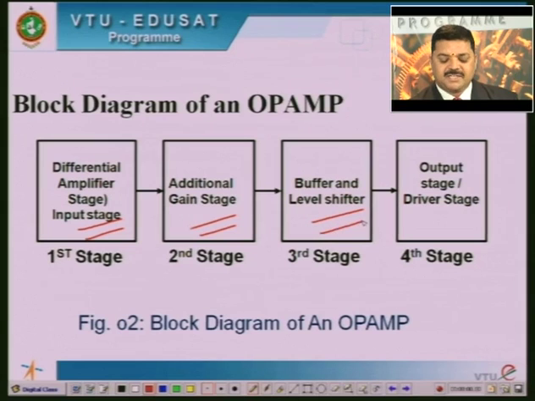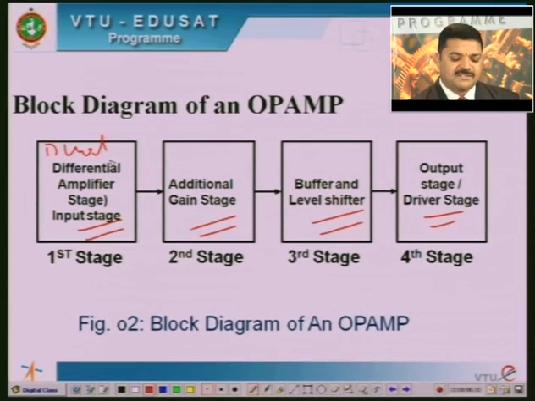The buffer and level shifter is a circuit which reduces the DC shift to 0. We will see what that is. Then the last stage will be the output stage or the driver stage, right. So the block diagram of an operational amplifier consists of 4 stages. The first stage is a dual input balanced output differential amplifier stage, which is the input stage, where there are two input terminals, one here and one here.